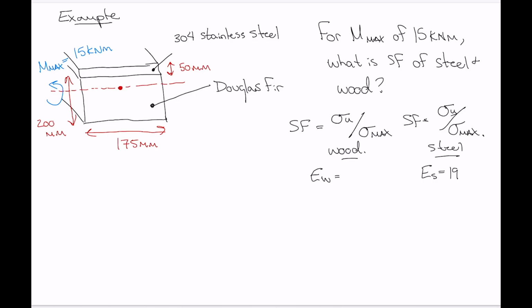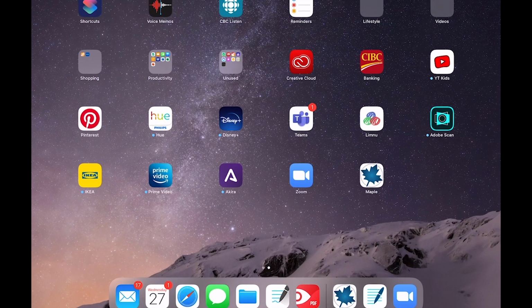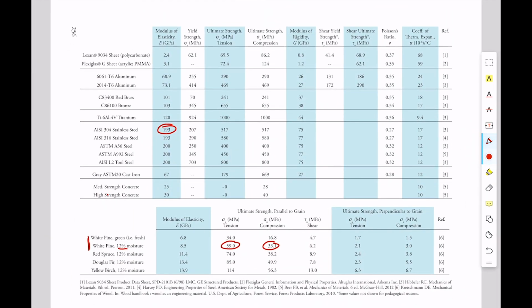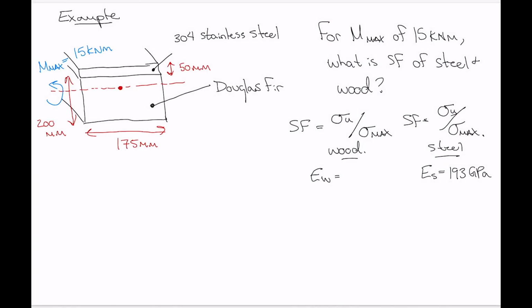For the wood, Douglas fir, 13.4 gigapascals.